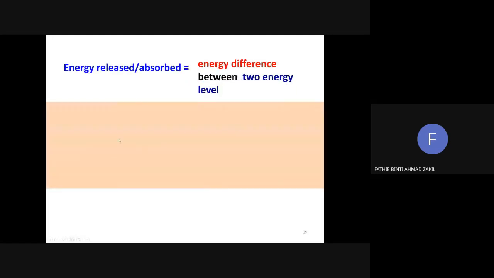Okey, so kita ada apa itu energy release dengan energy absorb. Energy release ataupun energy absorb adalah bersamaan dengan energy difference between two level. So kita memang kena guna this equation.